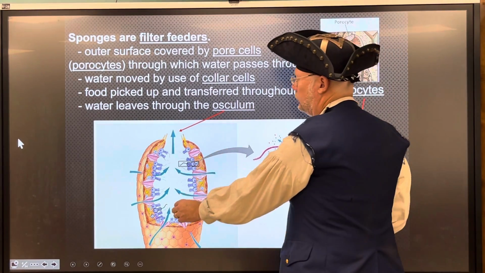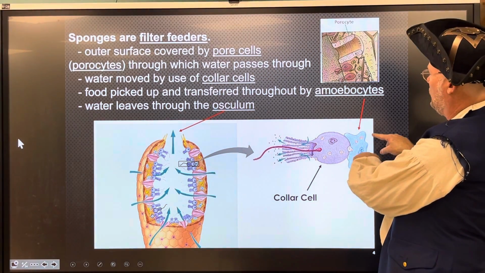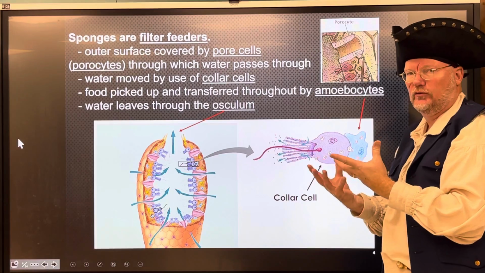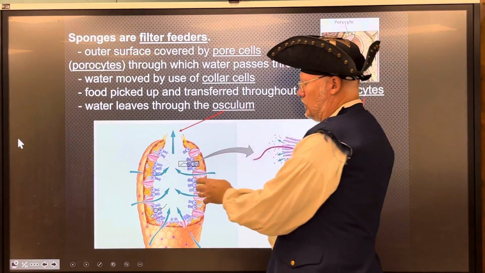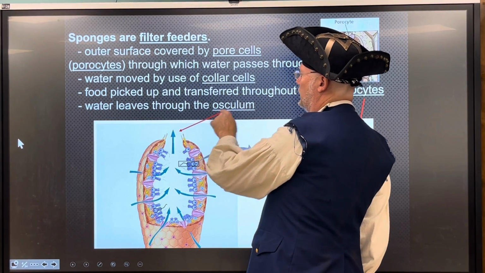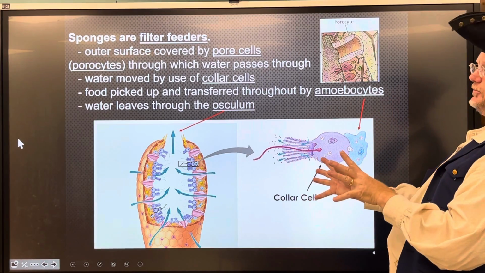While they're doing that, the amoebocytes pick up the particles of food and ingest them and use it for energy. And then the water gets filtered out through this opening at the top called an osculum. So there's lots of vocabulary here.